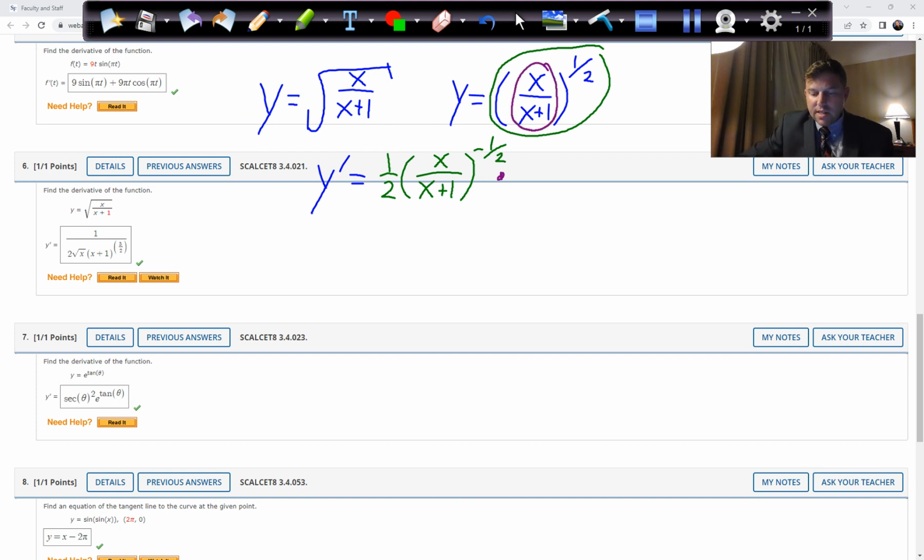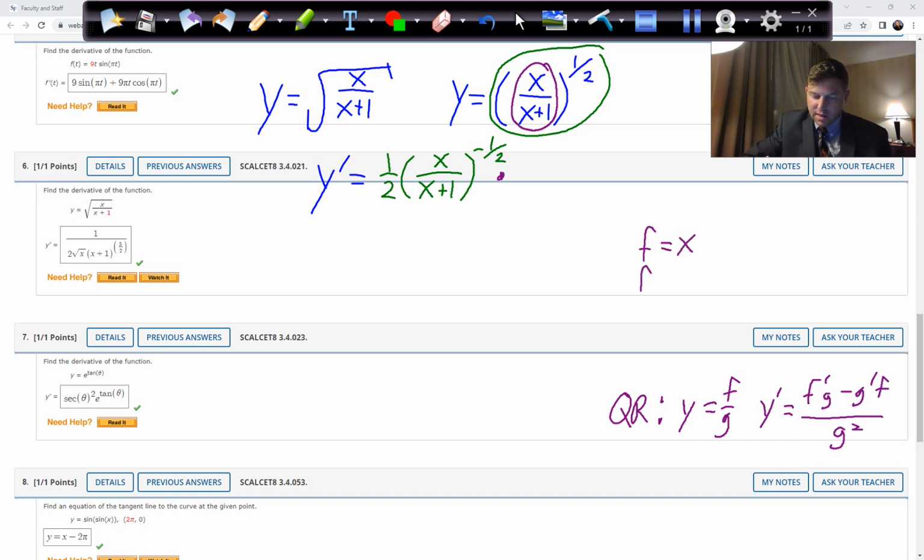Well, the derivative of the inside, we have to use quotient rule. Quotient rule says if y equals f over g, then y prime equals f prime g minus g prime f over g squared. So in our problem, we have the top thing is x, its derivative is 1, the bottom thing is x plus 1, its derivative is 1 as well.